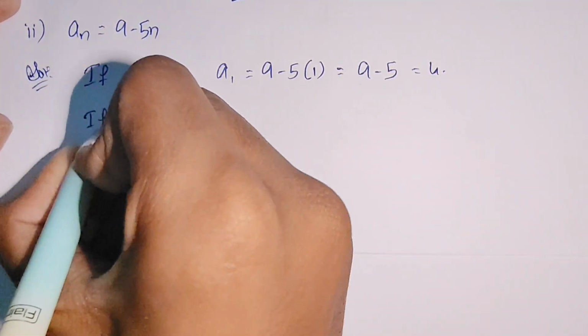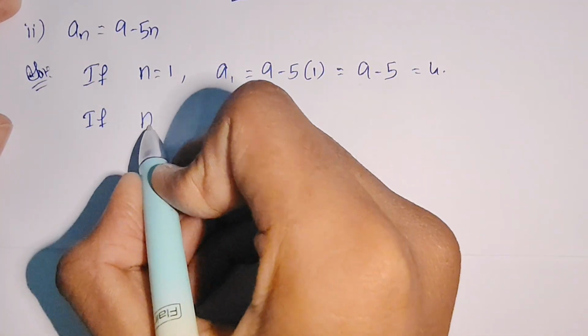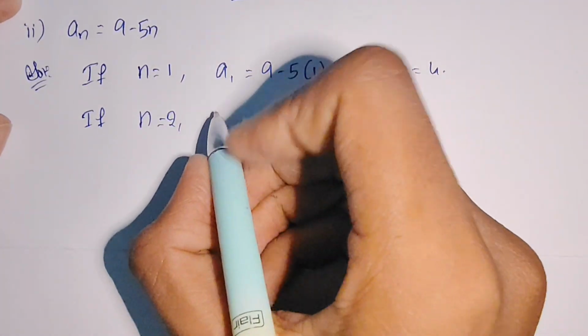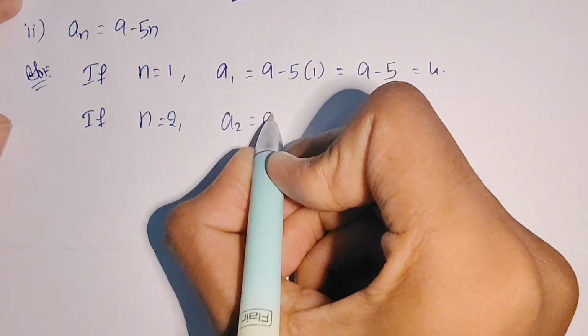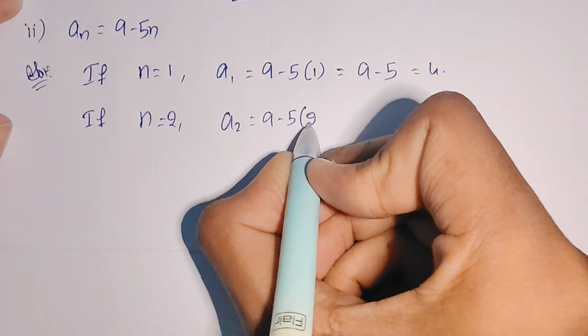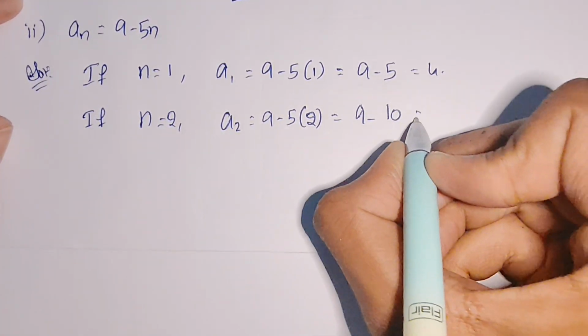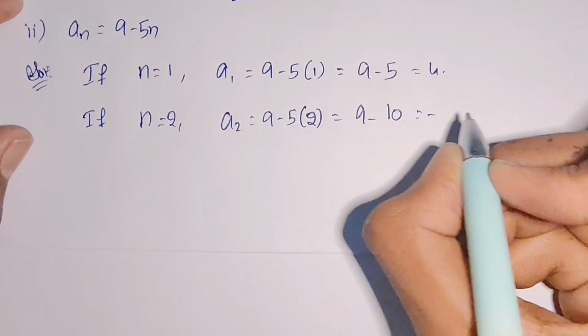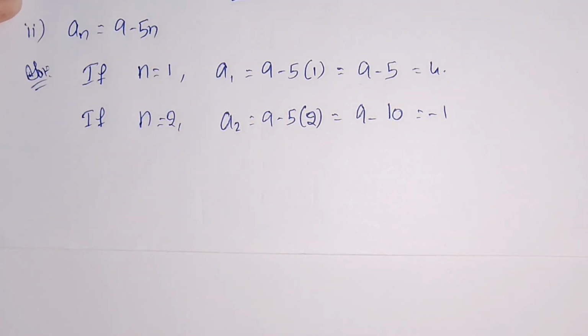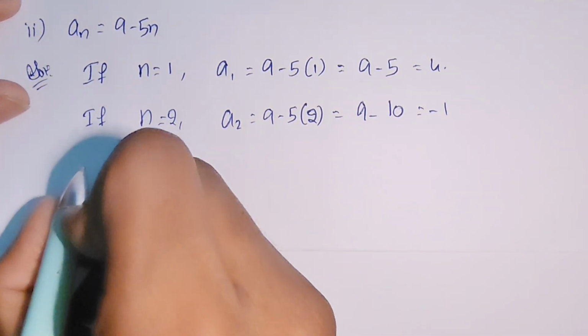After that, if n = 2, then a2 = 9 - 5 into 2 = 9 - 10, which gives -1.